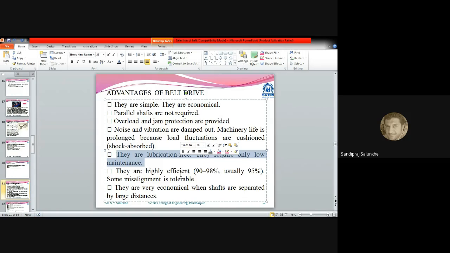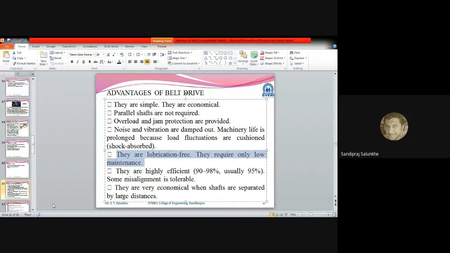That is, you have to manufacture too many gears if you want to cover a long distance. But this belt drive can give us that coverage of distance in a very easy way and in an economical way, right? So these are the overall advantages of this belt drive.